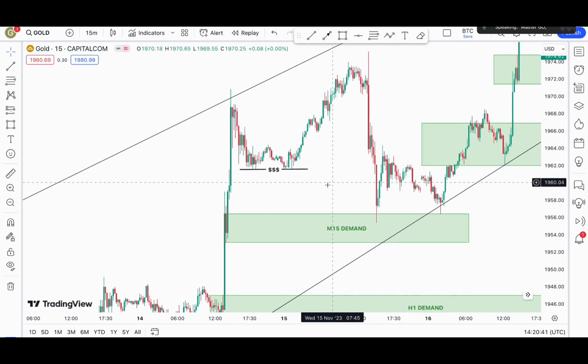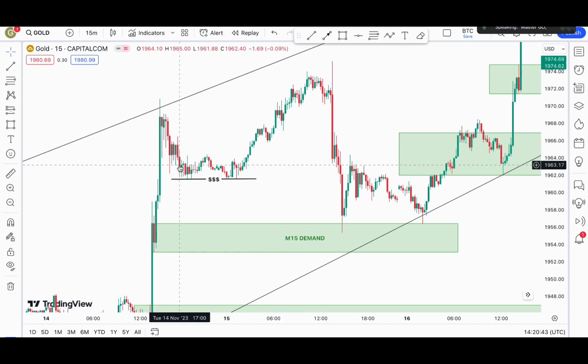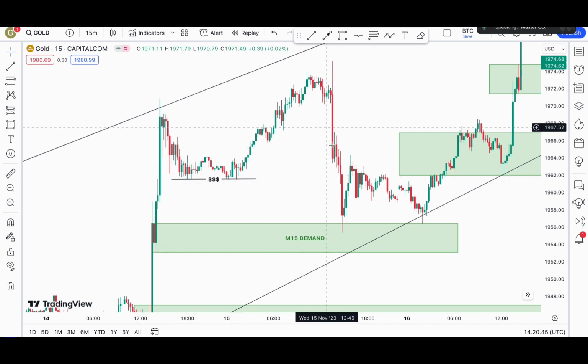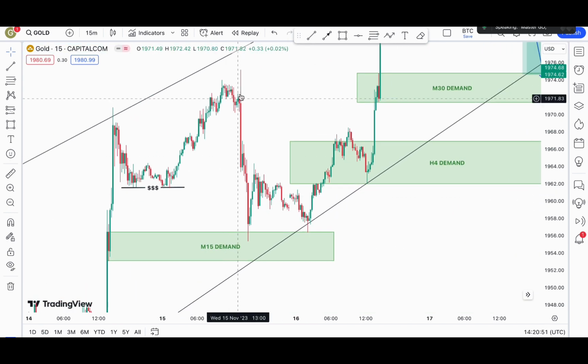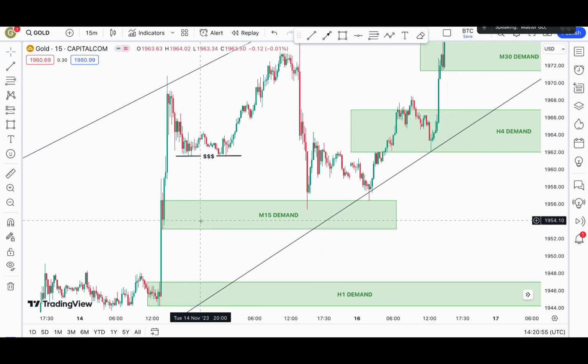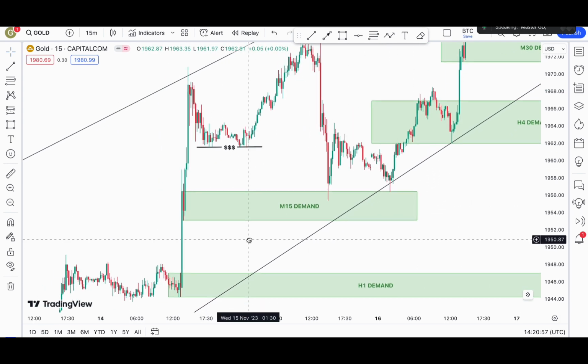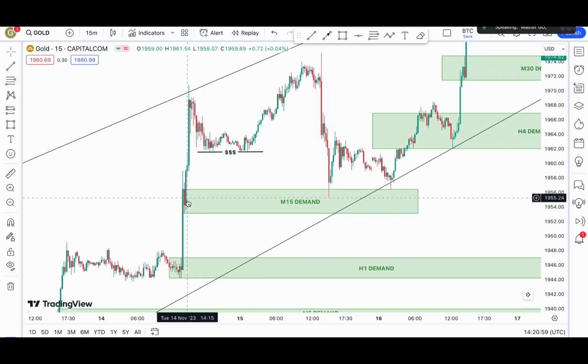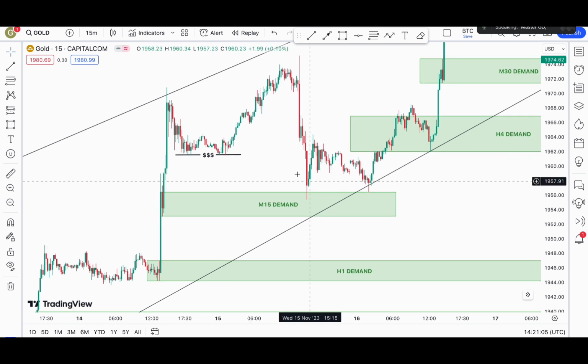If the price didn't sweep the liquidity before the zone, then this is a highly dangerous zone, because most of the time it will turn into liquidity grabbing to generate the momentum.